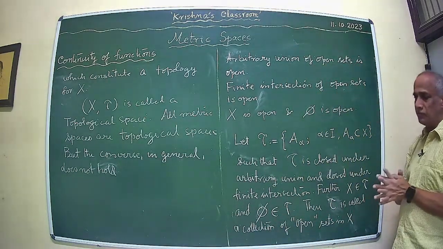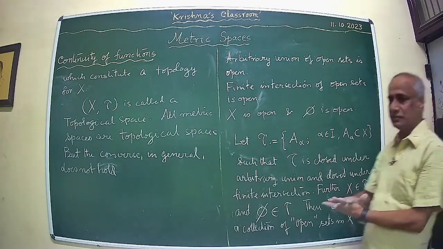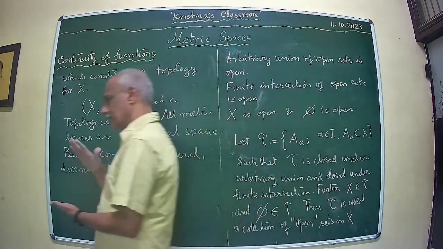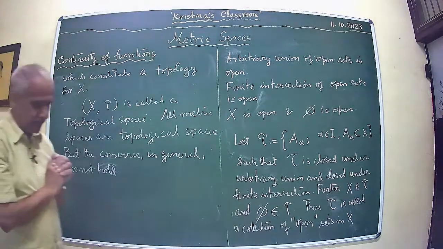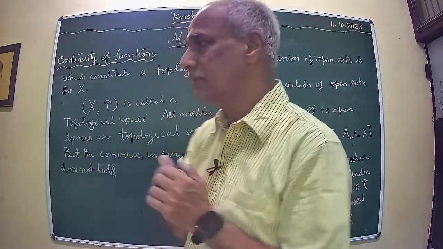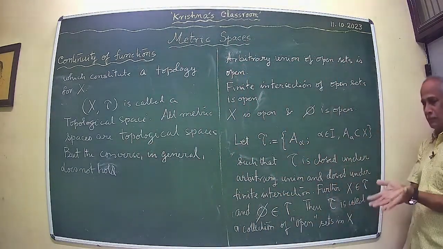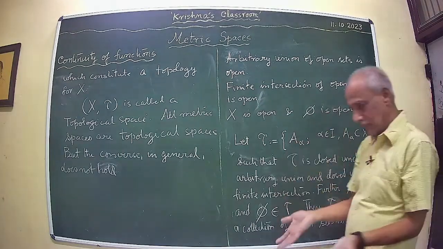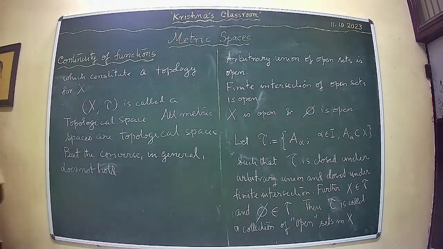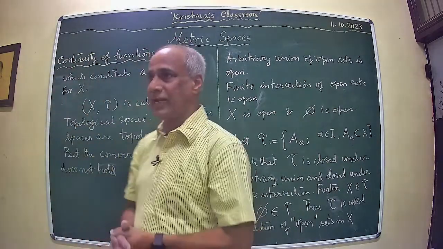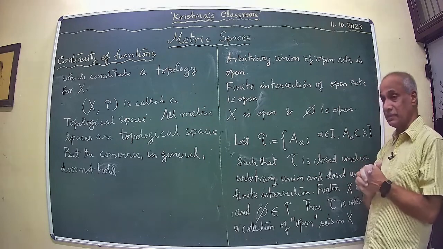But then we jump one step further, because we take this as the starting point. Instead, we take X, a non-empty set, and the set of all subsets of X, and take a sub-collection of subsets which are closed under arbitrary union and finite intersection, and X is in this collection and the empty set is also in this collection.